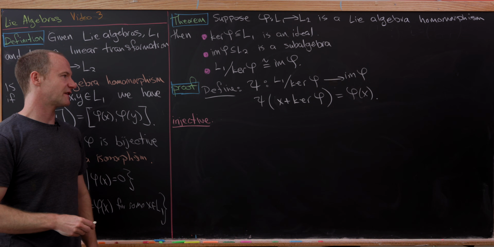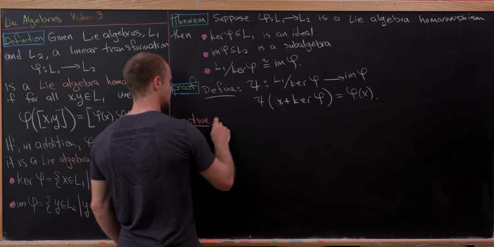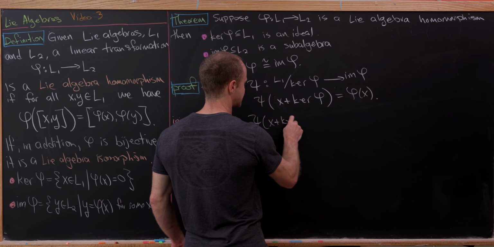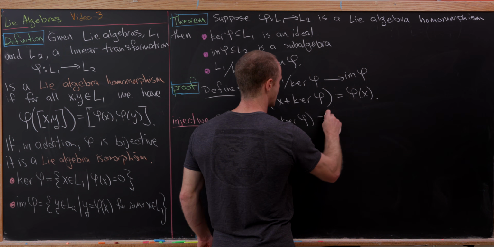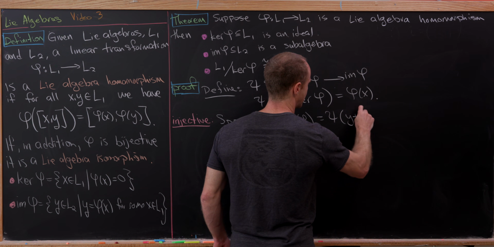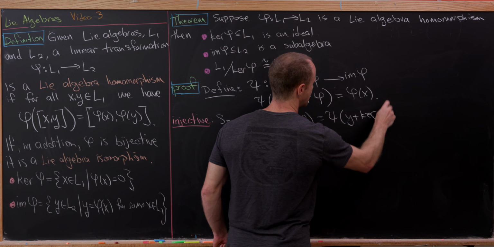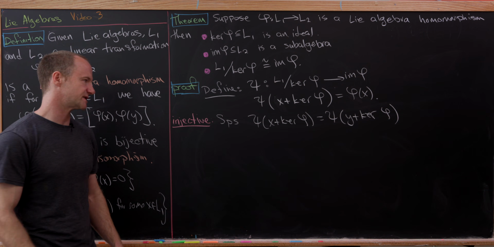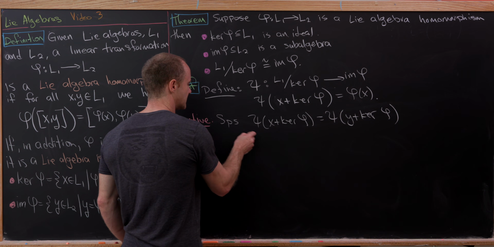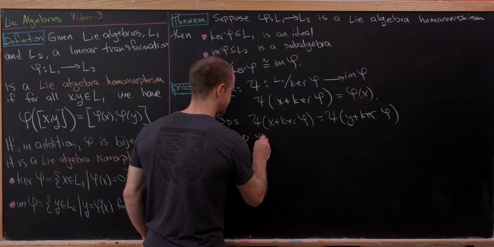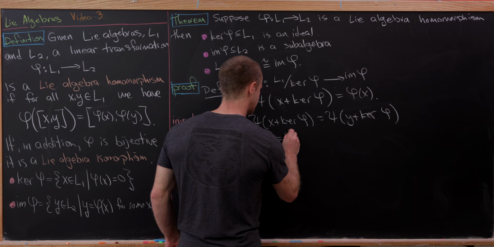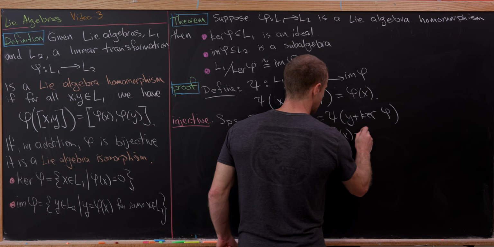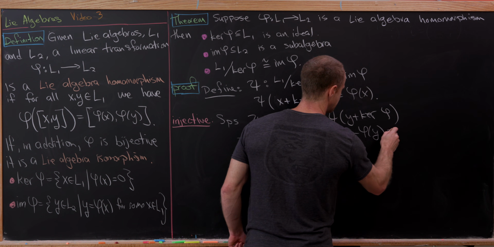Okay, so now showing that this is injective. Let's suppose maybe that psi of x plus kernel of phi equals psi of y plus kernel of phi. And where we want to end is that these are in fact the same coset. But using our definition of psi, this means that phi of x equals phi of y, but then subtracting over, we see that phi of x minus phi of y is equal to 0.